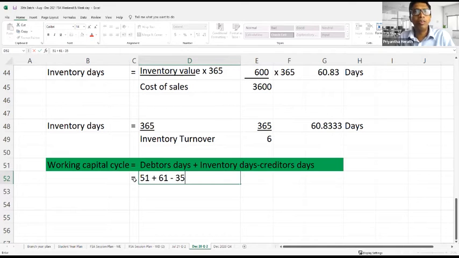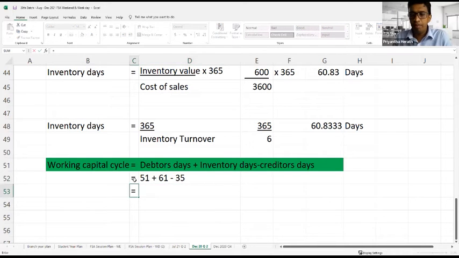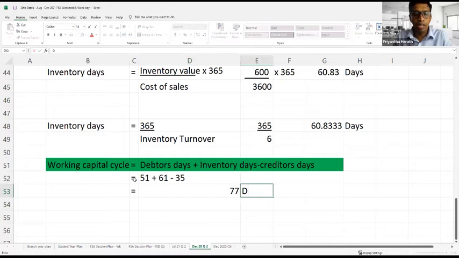Creditors days are given in the question, therefore you don't need to calculate. Debtors days 51, inventory days 61, and creditors days 35. Therefore your working capital cycle is 51 plus 61 minus 35, so 77 days.